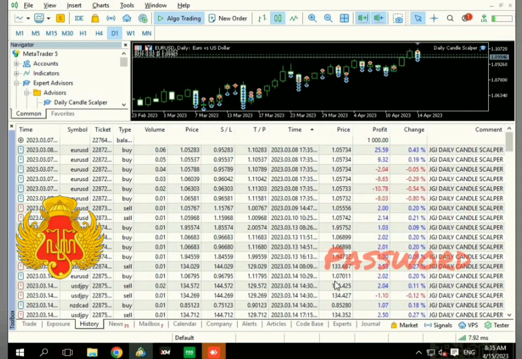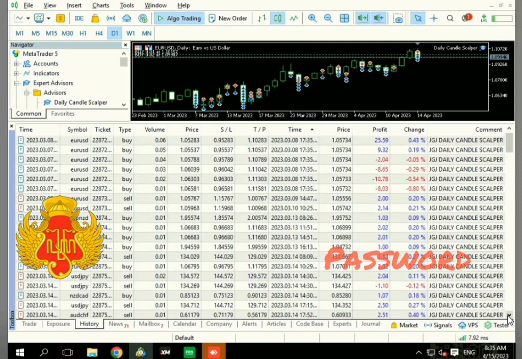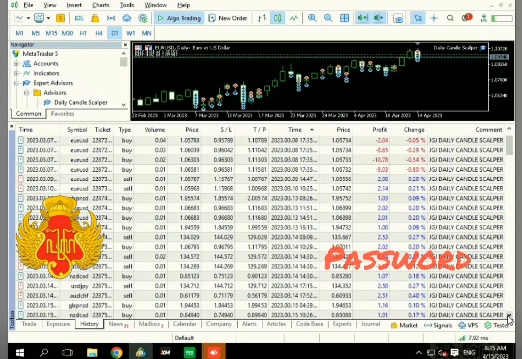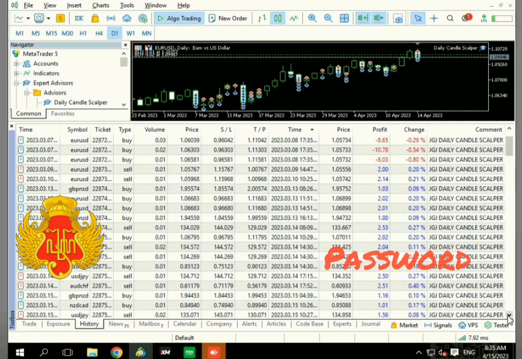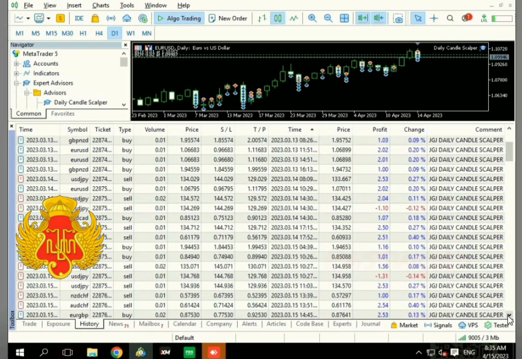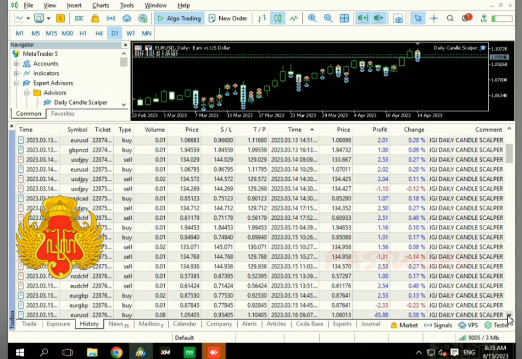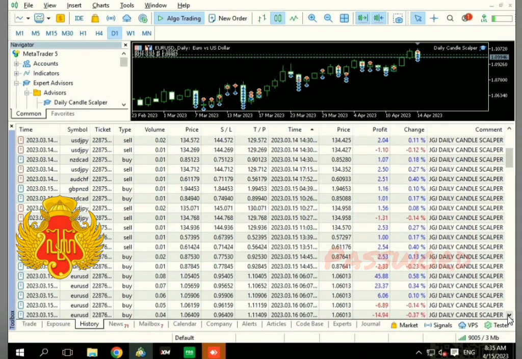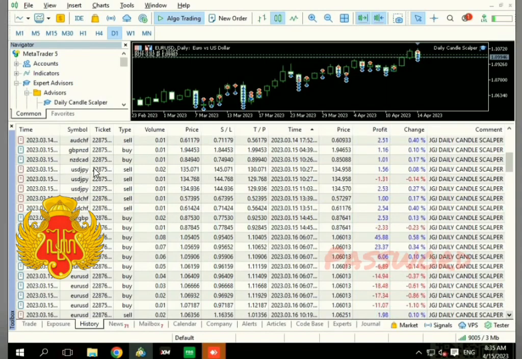For general settings: Magic number, order identifier. Set trade comments. Maximum spread in points. Symbol mode: multicurrency mode or single pair. Risk setting mode: custom or automatic risk preset. Risk preset, only if risk setting mode equals use automatic risk preset, in percentage. If reached, the expert will close all positions.